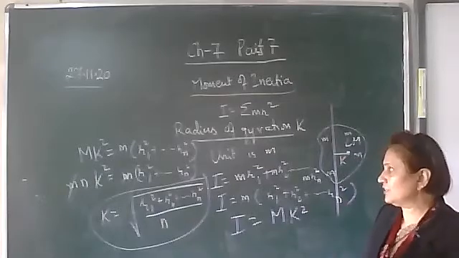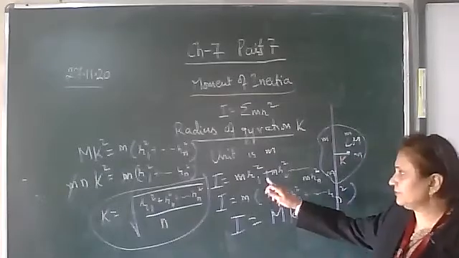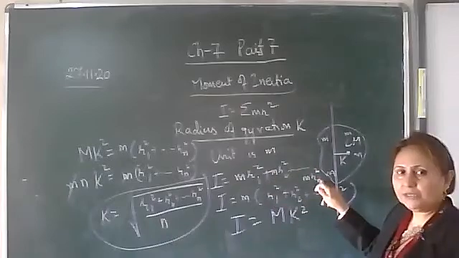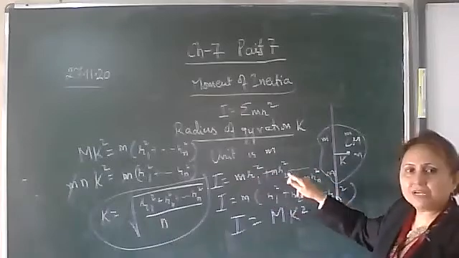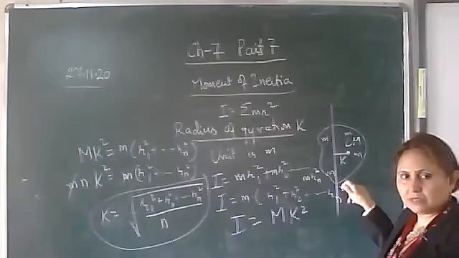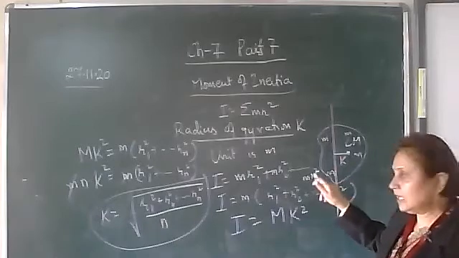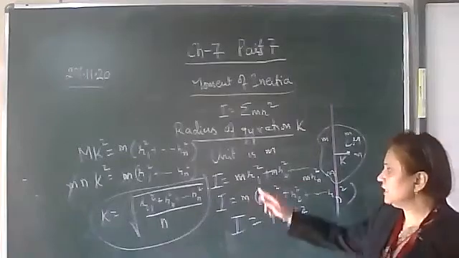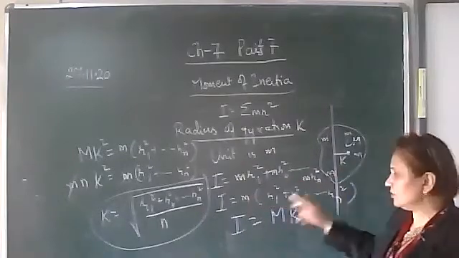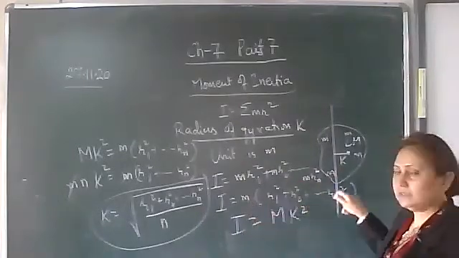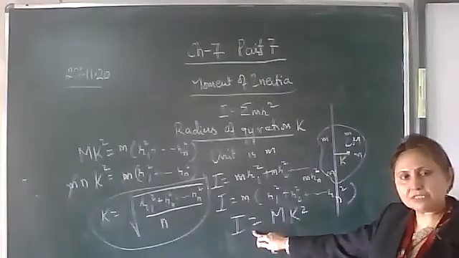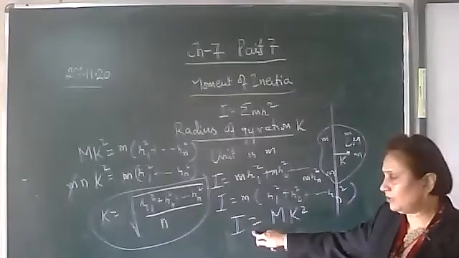Now we are finding the expression of radius of gyration. The moment of inertia of the whole body is equal to m1 r1 square plus m2 r2 square and so on. Now let each particle be of the same mass, so m r1 square plus so on. Take this m common. Now the moment of inertia of the center of mass will be the same as the moment of inertia of the whole body.